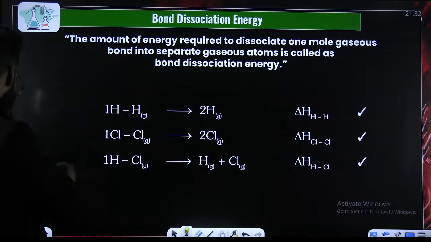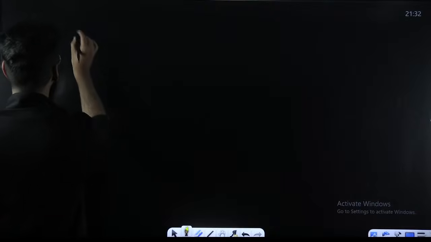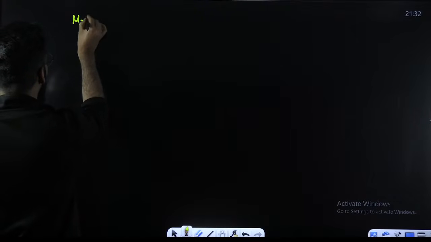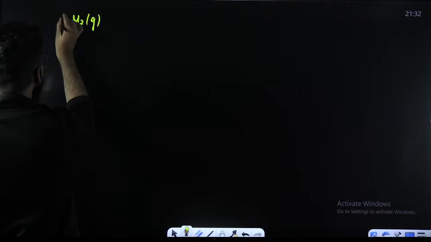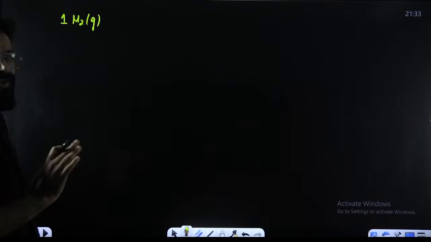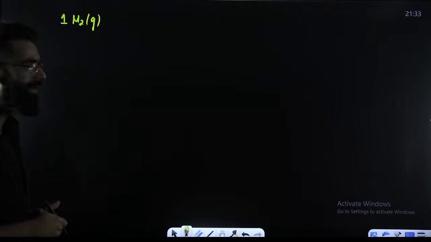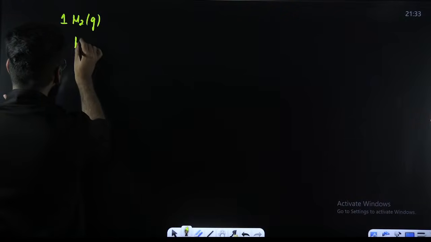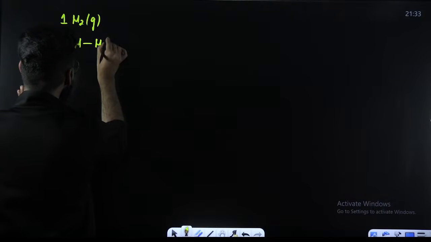What does that mean? For example, let's say I have got 1 mole of H2 gas. See, H2 means it will be like this.